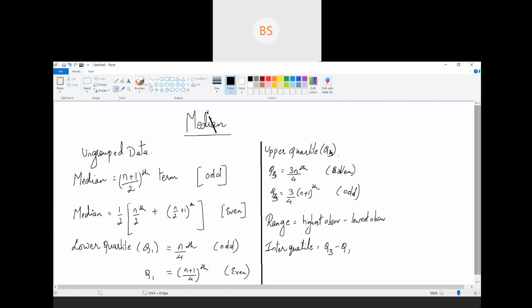For the ungrouped data, you had already seen these two formulas where you had found out median. We will be using lower quartile, upper quartile, range, and interquartile in our next classes. No, semi-quartile is not in our syllabus. So if you just take down these new formulas, or else they're there on page number 350, you'll write them down in your notebook before starting the exercise.